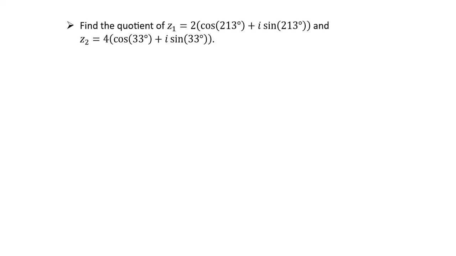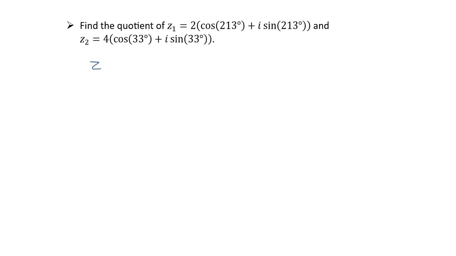Find the quotient of z sub 1 equals 2 cosine of 213 degrees plus i sine 213 degrees, and z sub 2 equals 4 cosine 33 degrees plus i sine of 33 degrees.